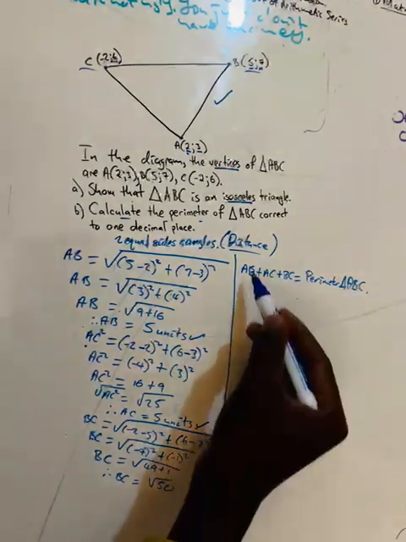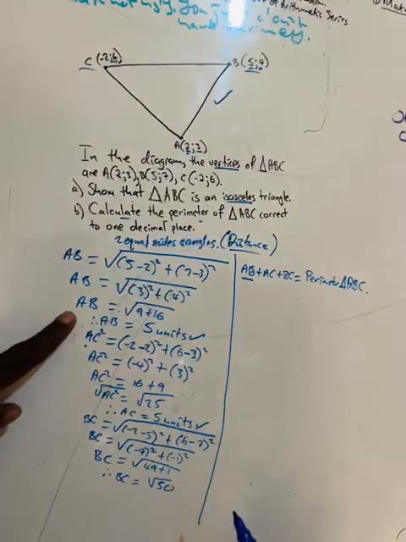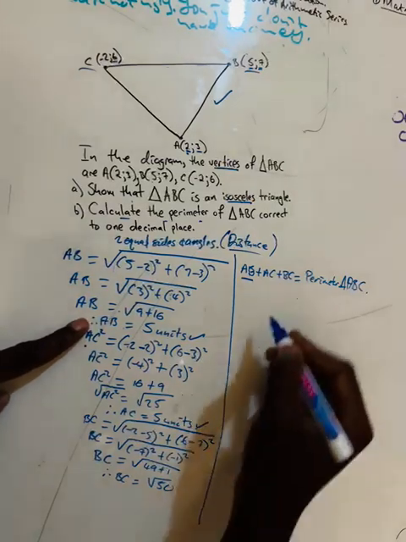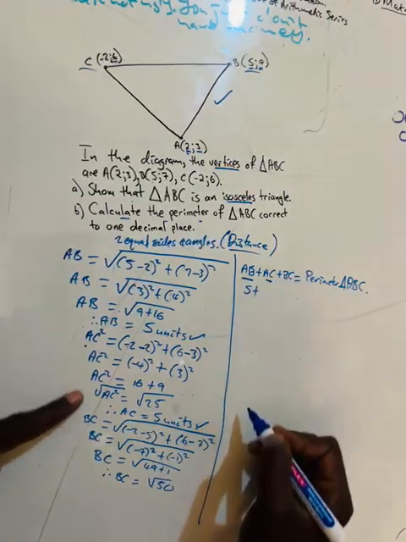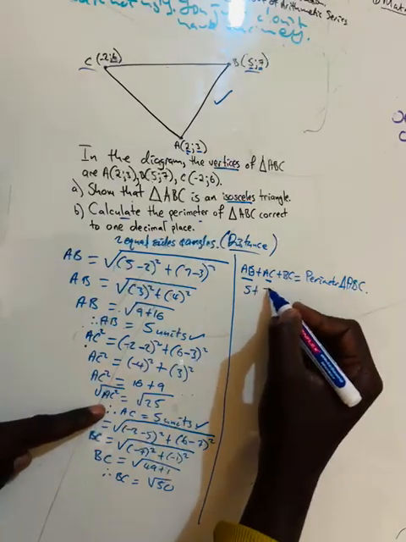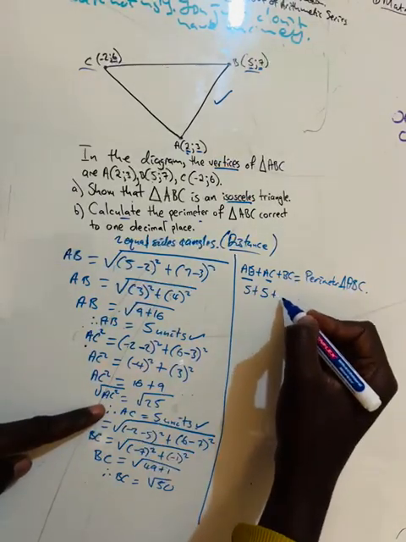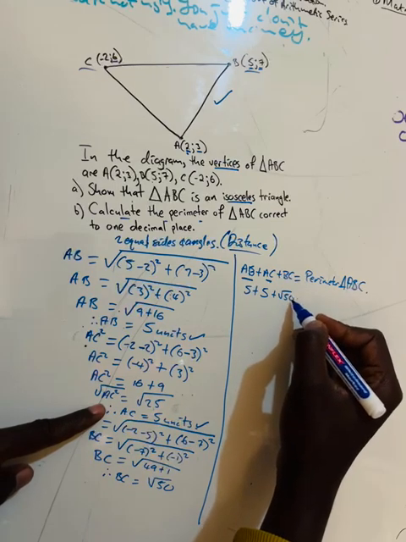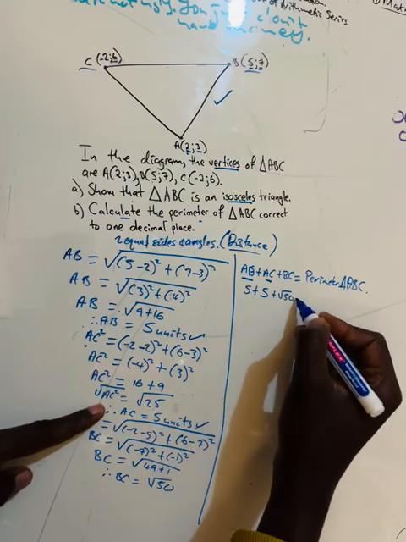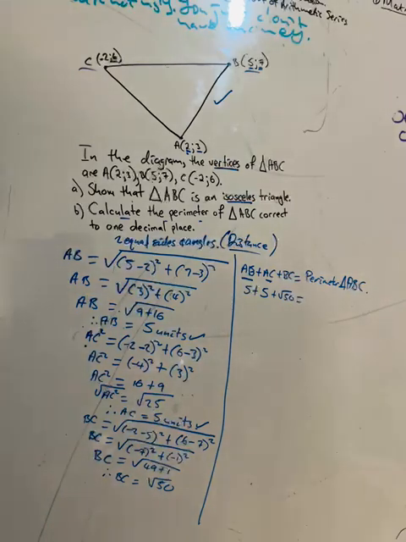On line AB, what was my distance? My distance at line AB was 5 units. So I say 5 plus, at line AC, it was 5 units. Plus, I've got square root of what? Square root of 50.